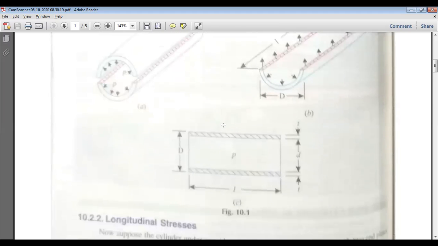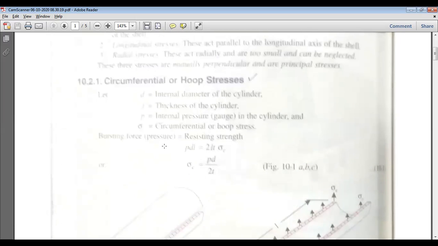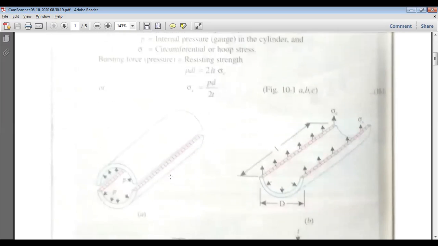So now, small d is the internal diameter, P is the pressure, t is the thickness of the pressure vessel, D is the external diameter, and L is the length. So this is the compressive stress of a thin cylinder, cylindrical shell. This is also called circumferential or hoop stress.